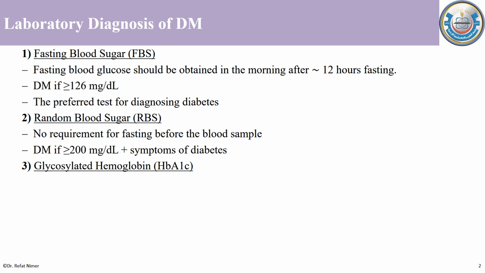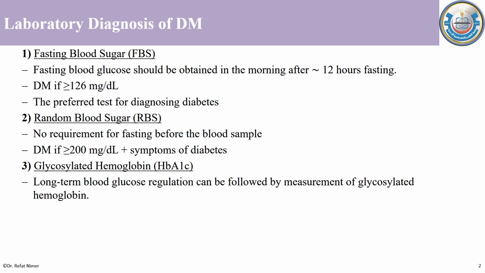The third test, the glycosylated hemoglobin A1C. Long-term blood glucose regulation can be followed by measurement of glycosylated hemoglobin. So glycosylated means the attachment of carbohydrate to any molecule or to protein molecules.